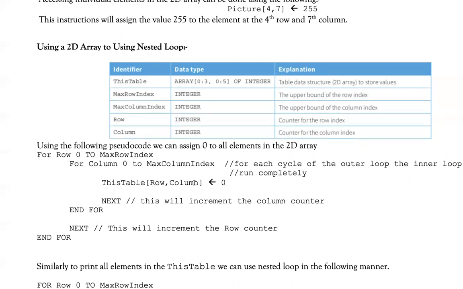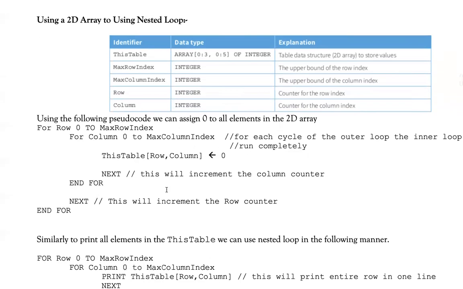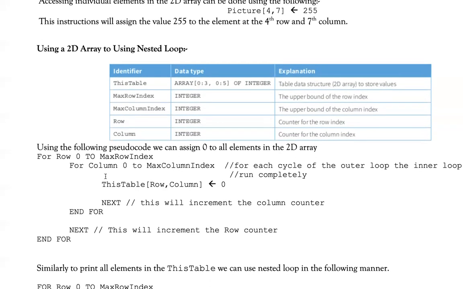So row 0, column 0, I'm assigning all values zeros. Row 0, column 0, row 0, column 1, all of them getting value 0. Row 1, column 0, row 1, column 1, row 1, column 2, all values 0, and so on and so forth. A nested loop has to have its own next statement. It has to have its own end for statement.